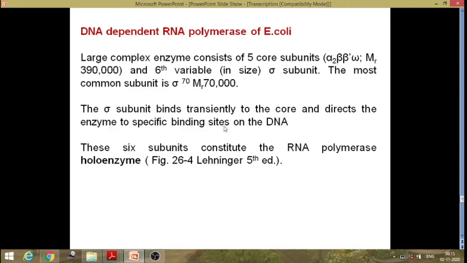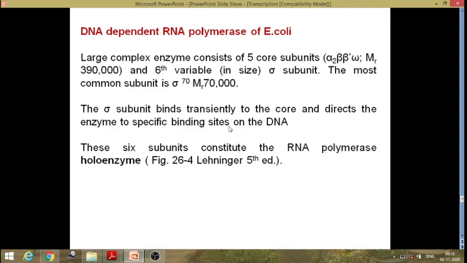Without the sigma subunit, RNA polymerase would loosely bind the DNA molecule and won't be able to carry out the transcription process. We'll discuss this in more detail.